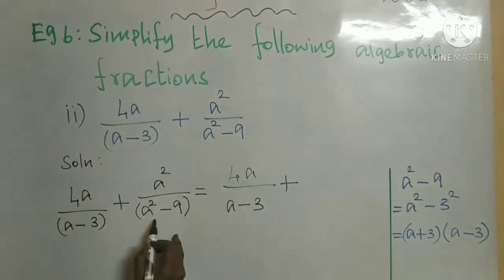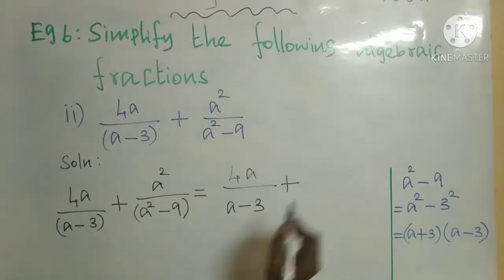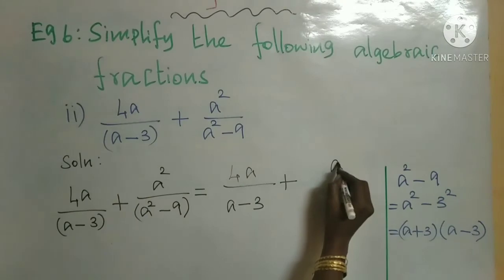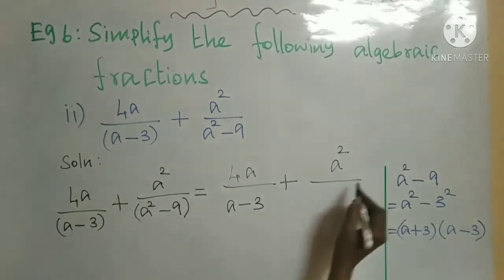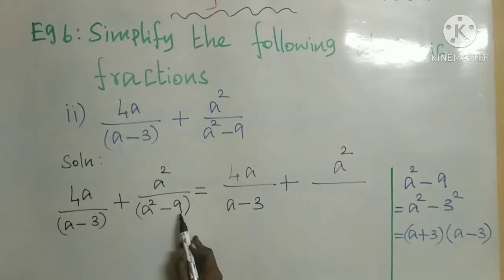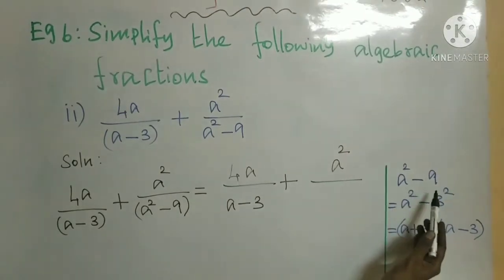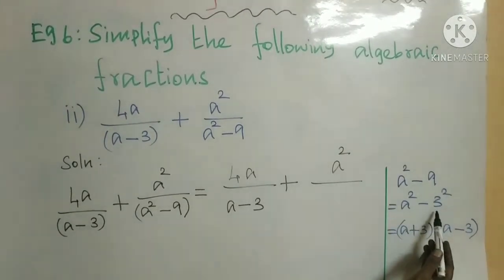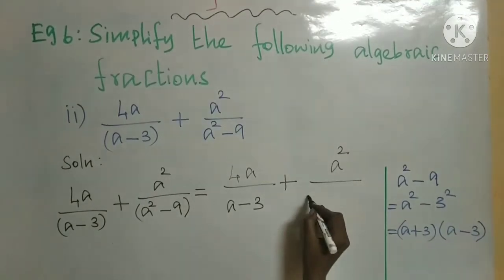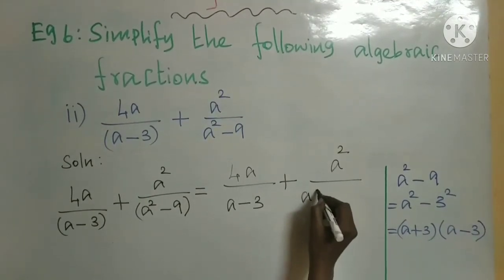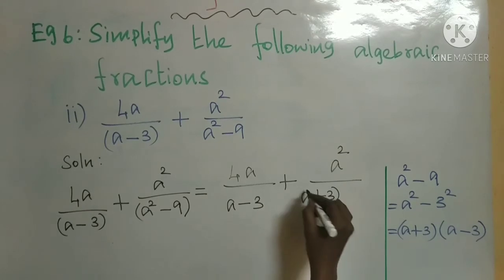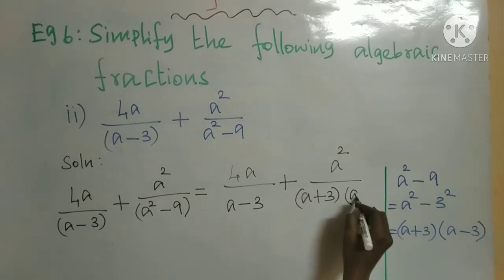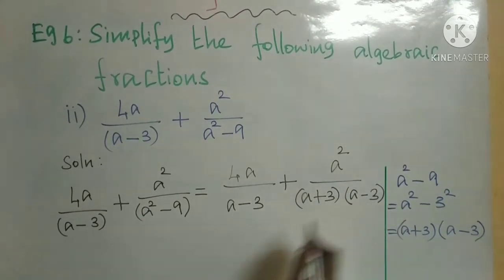We can write a square minus 9 as a square minus 3 square, so a plus 3 into a minus 3.